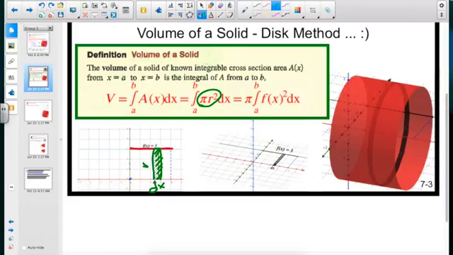So we can accomplish finding the volume of this using calculus just by integrating that, just by accumulating the volume of these disks. And so this whole expression right here is the volume of that disk.